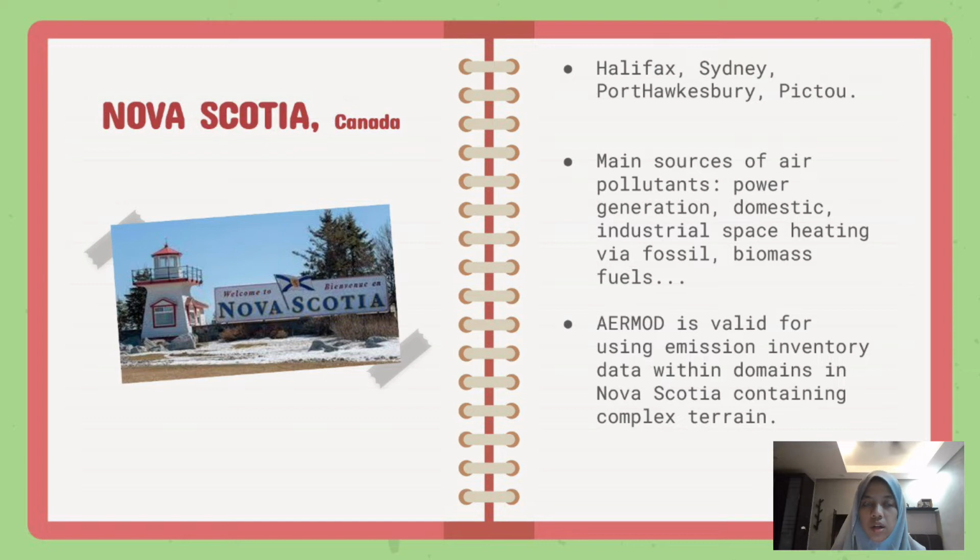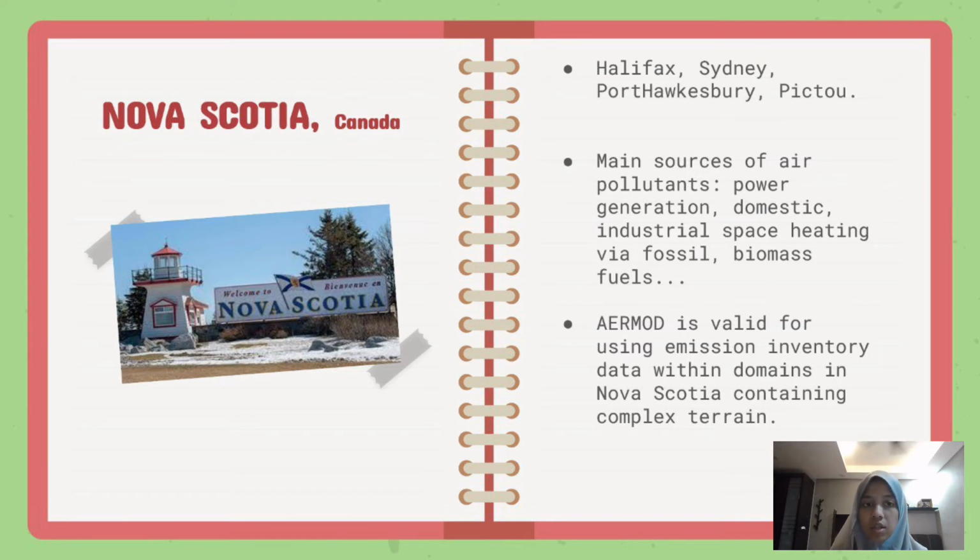The AERMOD model evaluation showed that there was good agreement between the model and observed sulfur dioxide concentration for the annual and monthly comparison, but less skill at estimating the hourly comparison for sulfur dioxide in Halifax and Sydney. AERMOD showed poor model skill at predicting sulfur dioxide in Port Hawkesbury over the same averaging periods. The model evaluation for particulate matter 2.5 in Halifax, particulate matter 2.5 in Pictou, and nitrogen dioxide in Halifax showed poor agreement and model skill.